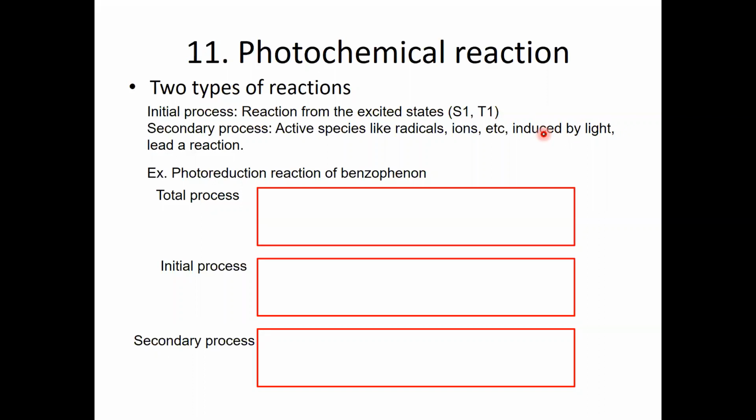The initial processes are quick, on the order of, for example, nanoseconds or microseconds. However, in the secondary processes, it really depends on the chemical species, and sometimes it takes much longer.